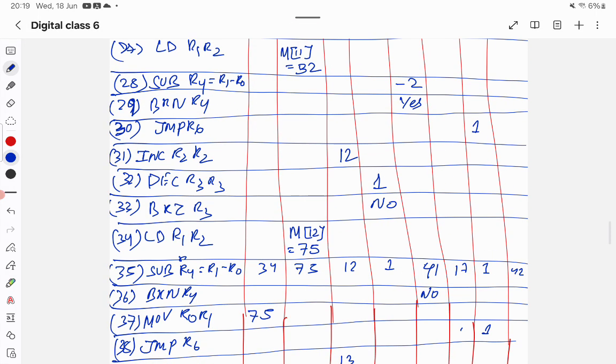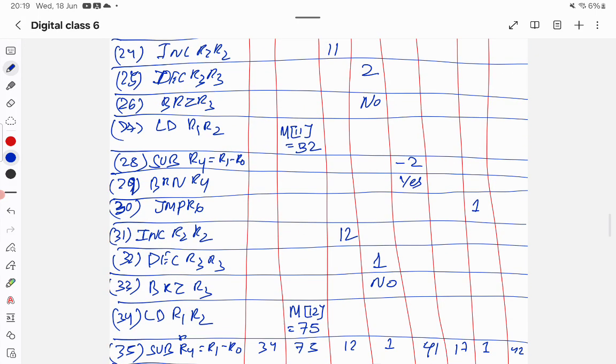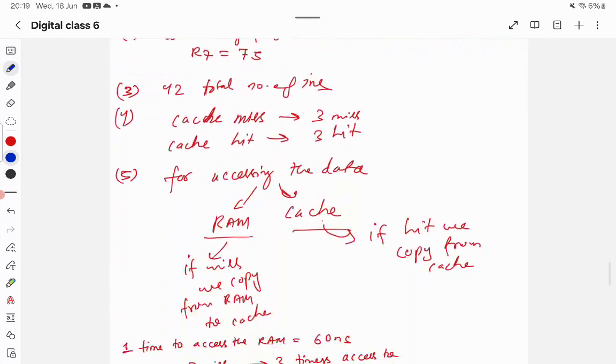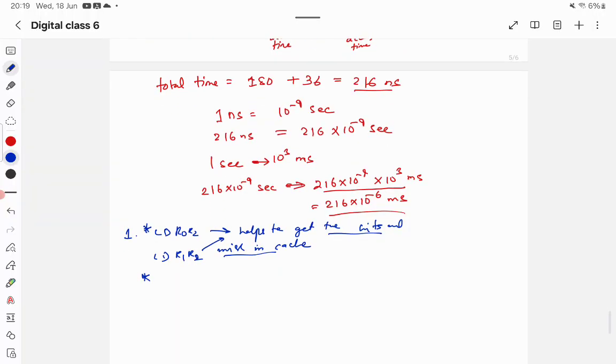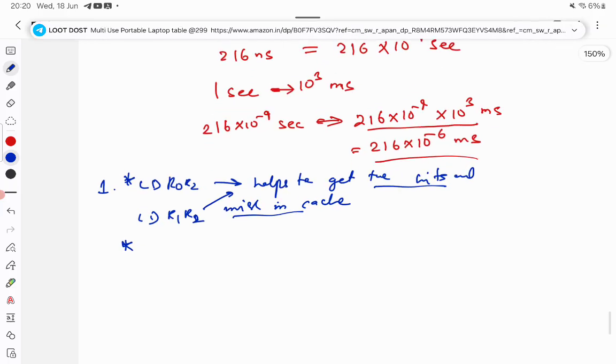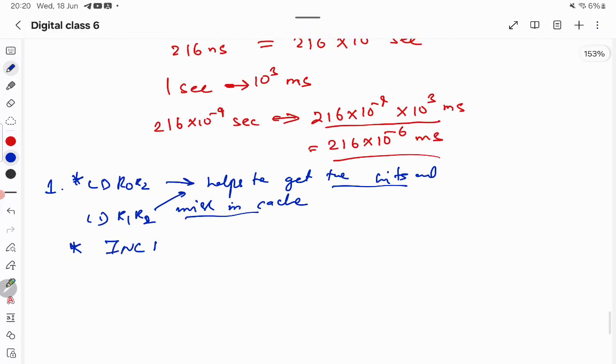If you see m of 12 is 75, m of 11 is 32, so you will write that the instruction increase R2 helps to update the information in R1. Whatever you understood from the execution, you will write that.